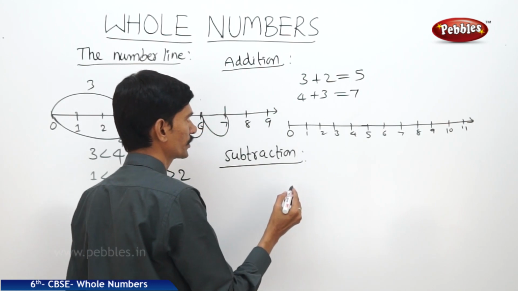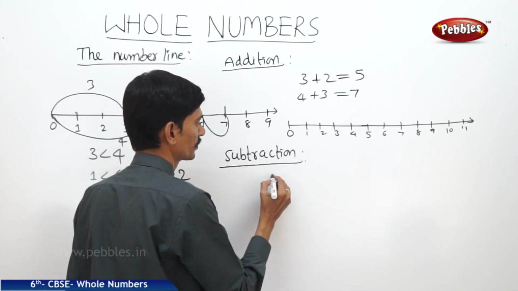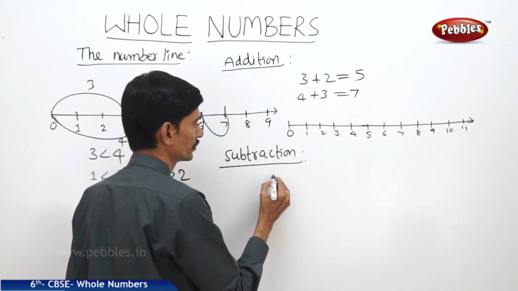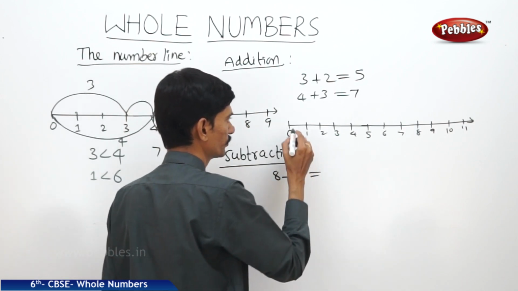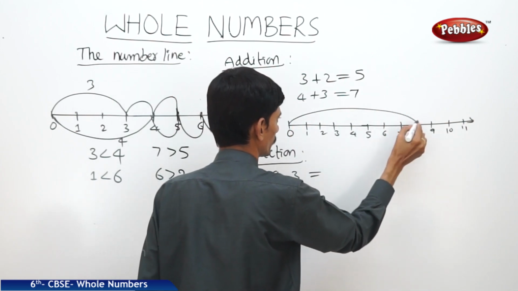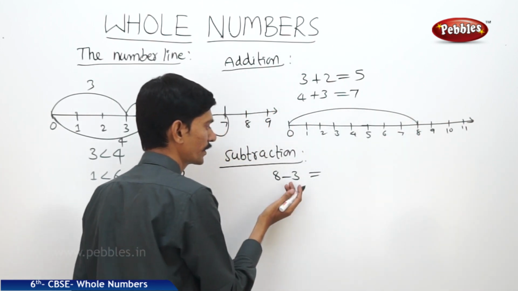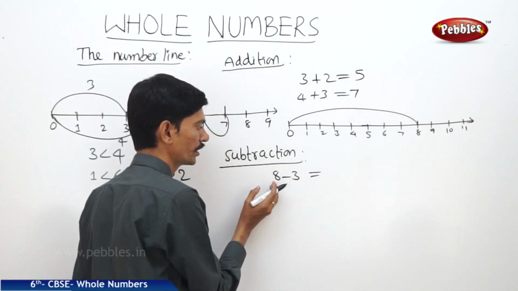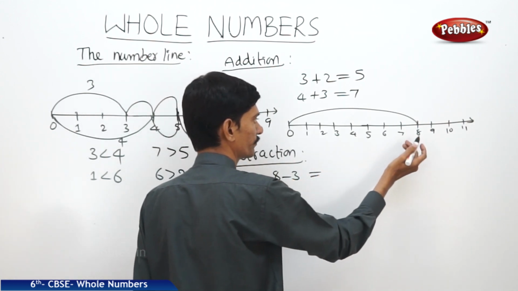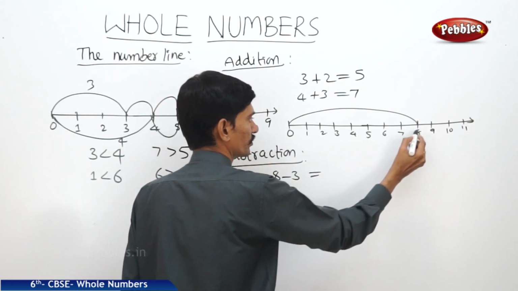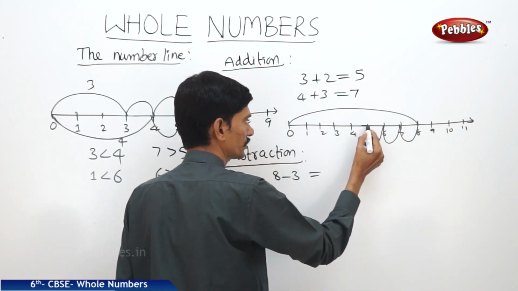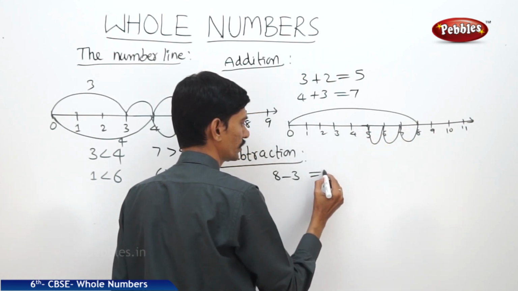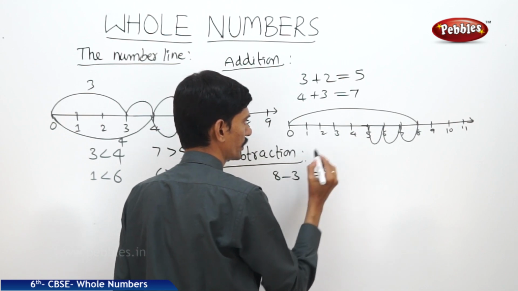So if you want to subtract 3 from 8, then 8 minus 3 equals, first we move from 0 to 8. While subtracting 3 from the given number 8, we move to the left 3 units. So 1, 2 and 3. So we reach 5. So 8 minus 3 equals 5.